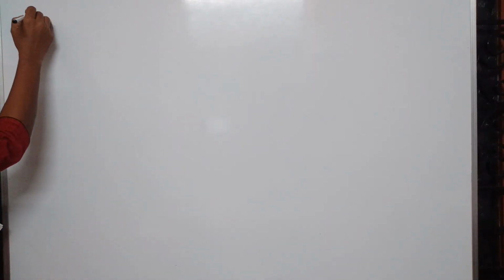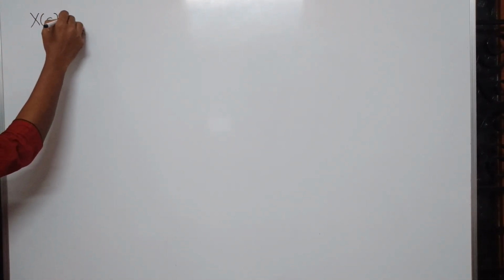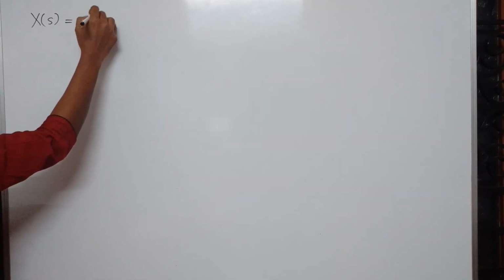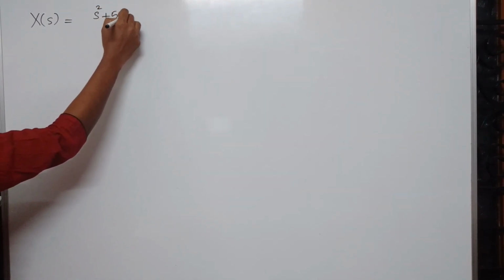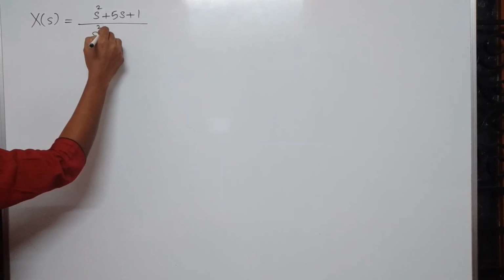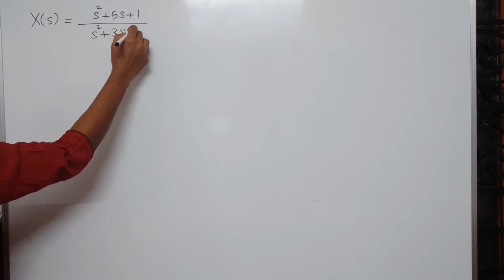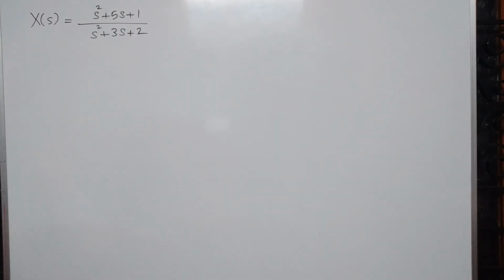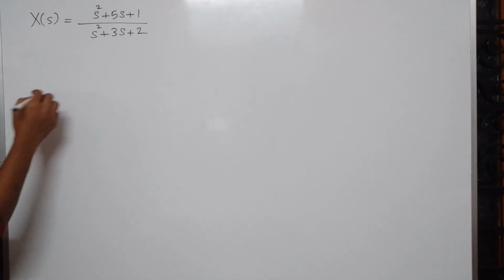Next question. Find inverse Laplace transform of x of s equal to s square plus 5s plus 1 the whole divided by s square plus 3s plus 2. So here both the numerator and denominator are of same degree. So you cannot directly apply partial fraction.